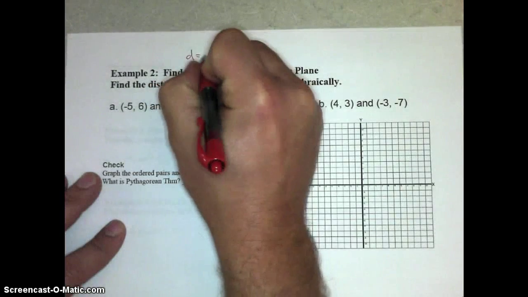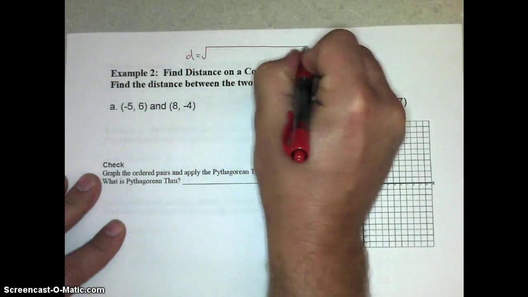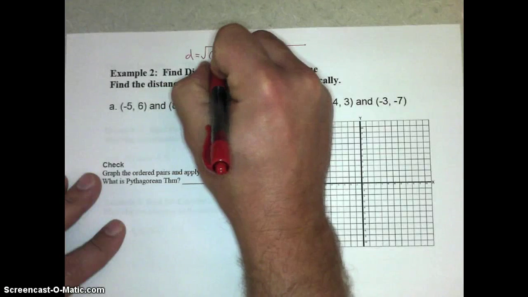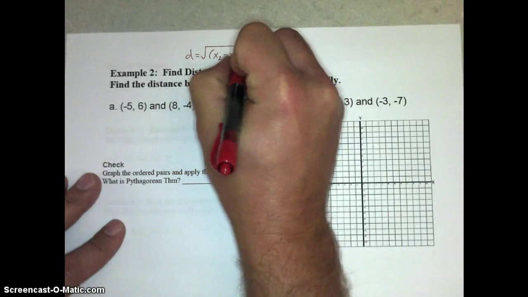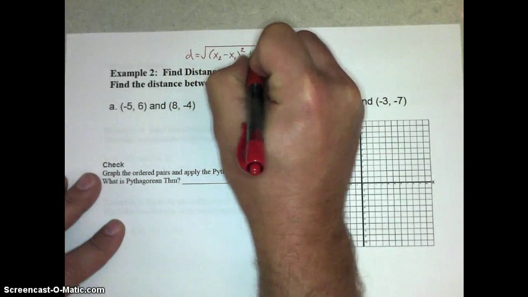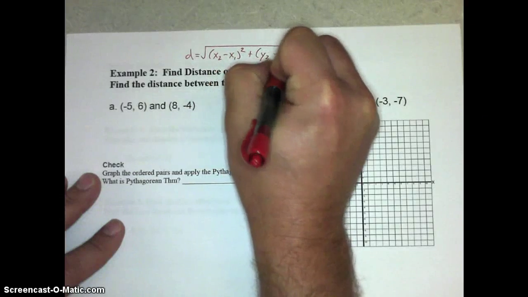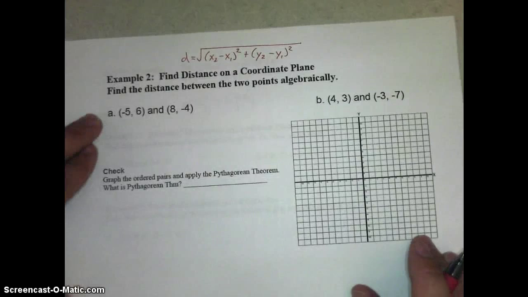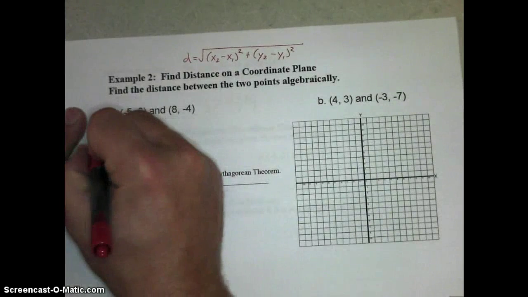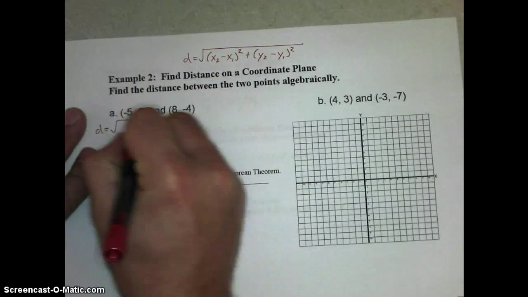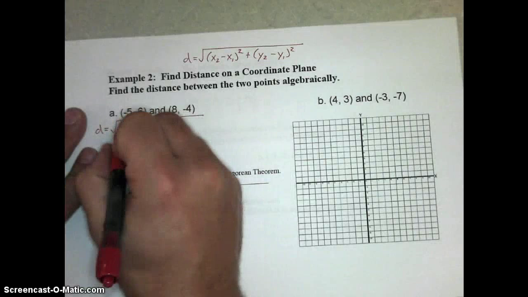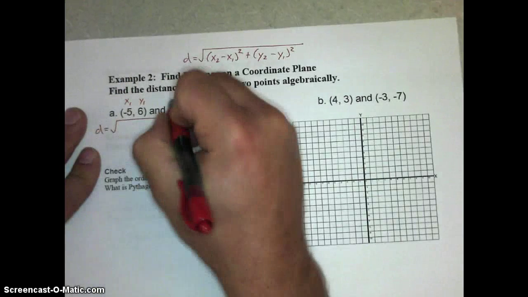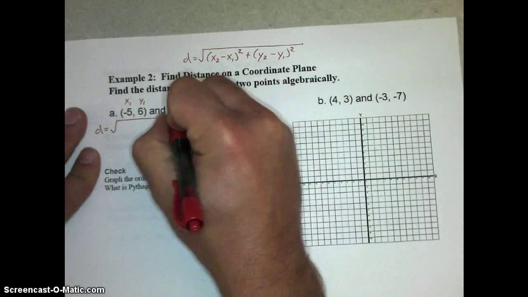Remember the distance formula, which is very important, you will need that a lot this year, is x2 minus x1 squared plus y2 minus y1 squared, and then I take the square root of that sum. So let's use that example to do part A. The distance between these 2 points, we're going to call -5, 6 our x1, y1, and 8, -4 our x2, y2.